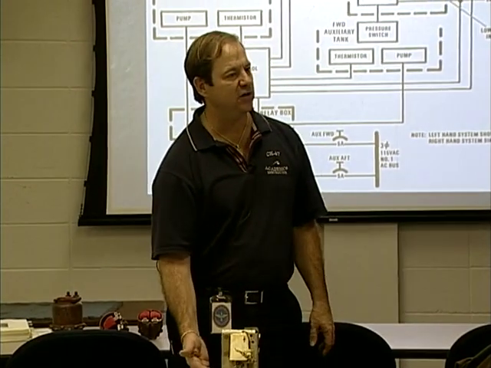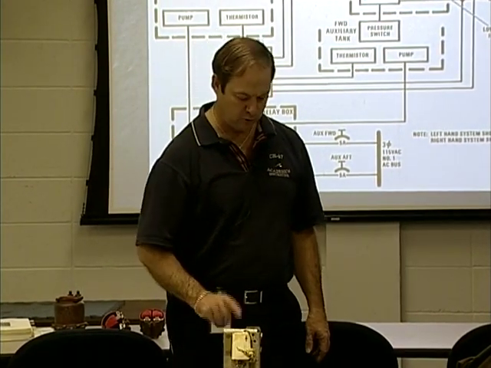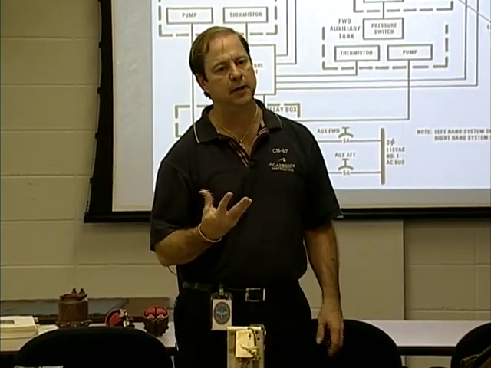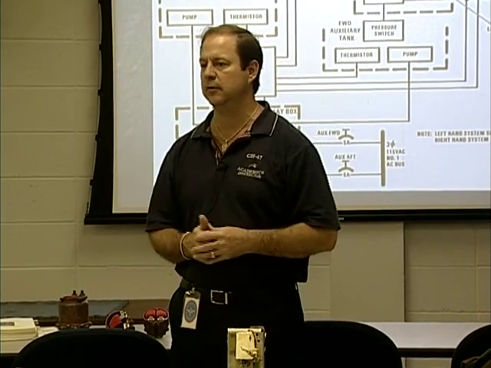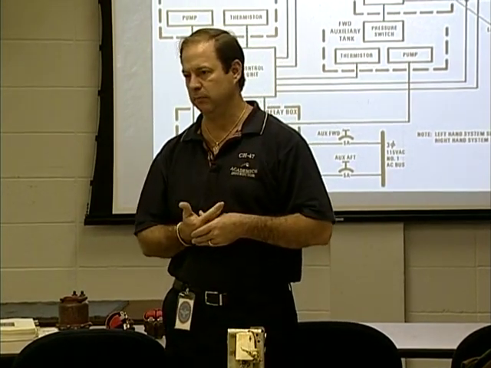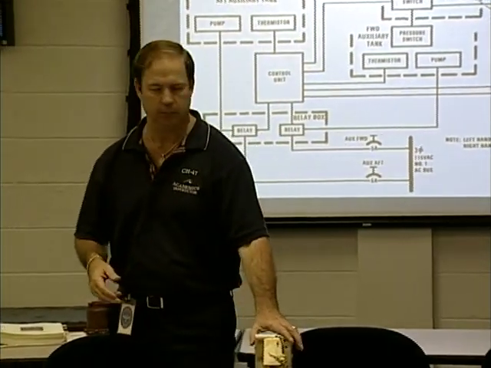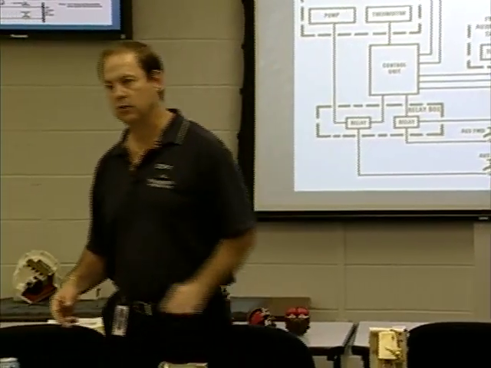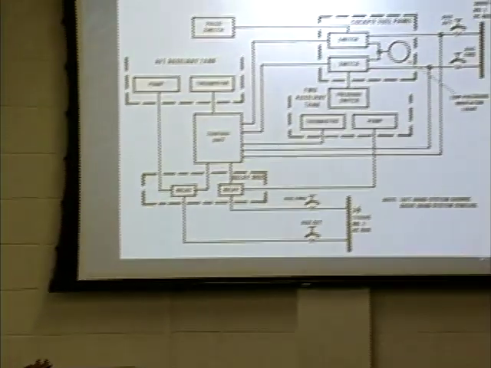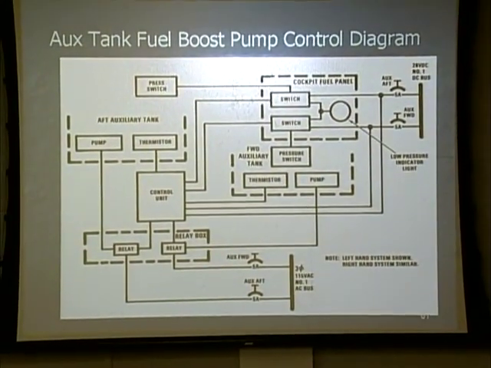So if there's not sufficient fuel to cool and lubricate this pump, it's going to heat up, and now we got the possibility of igniting those vapors in there. That's why it requires both those switches to be uncovered and both of them to be covered to turn back on and off. So now, here's what the process looks like.